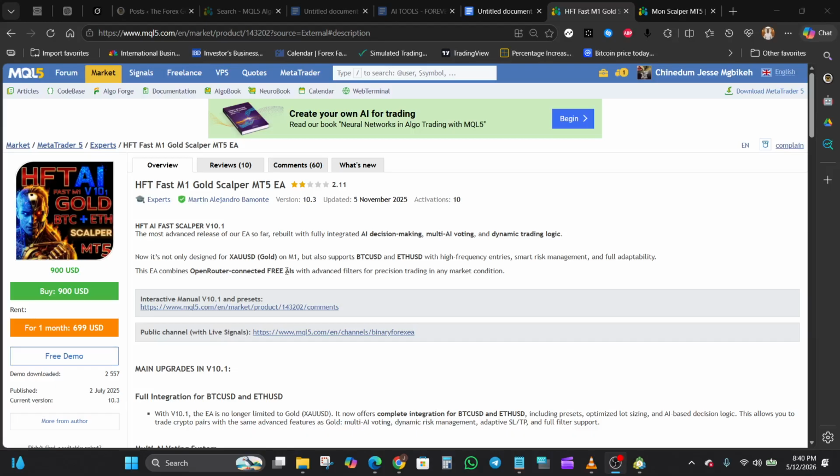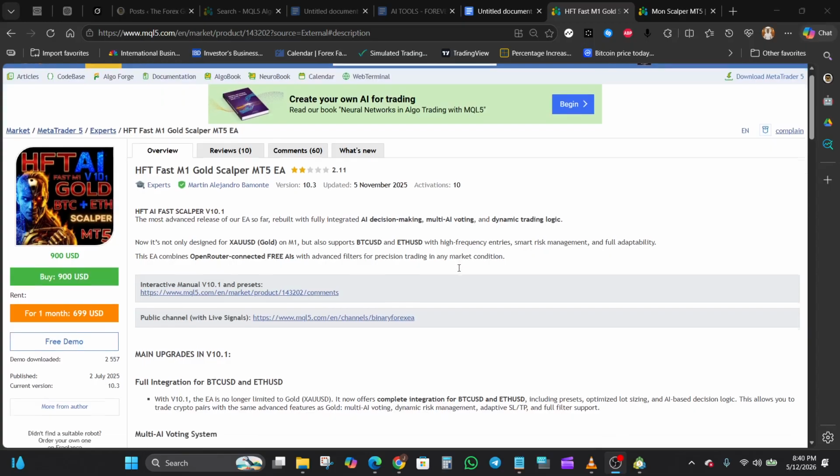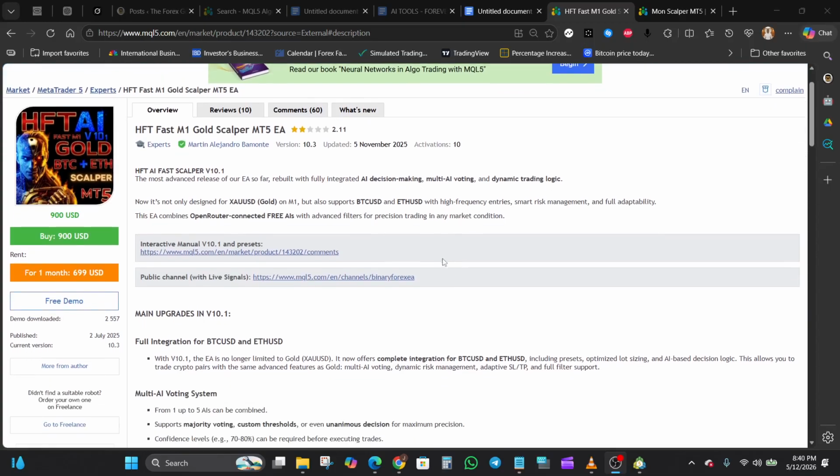Right away on the marketplace page, the developer describes this as version 10.3 of the EA, updated in November 2025 with a strong focus on AI driven decision making and high frequency trading functionality. The EA is designed not only for XAUUSD on the M1 timeframe, but also supports BTCUSD and ETHUSD.